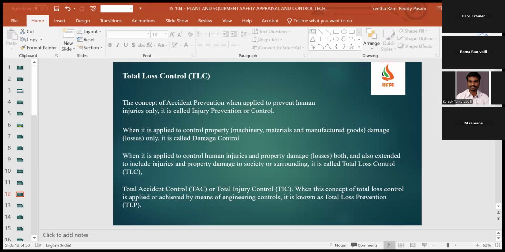Even society or surroundings, society in the sense, as we take an example, whenever any accident happens, the consequences extend beyond your boundary, then the society is involved, and it will be an offsite emergency.